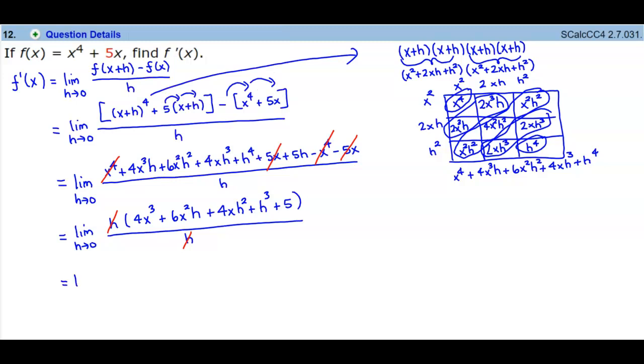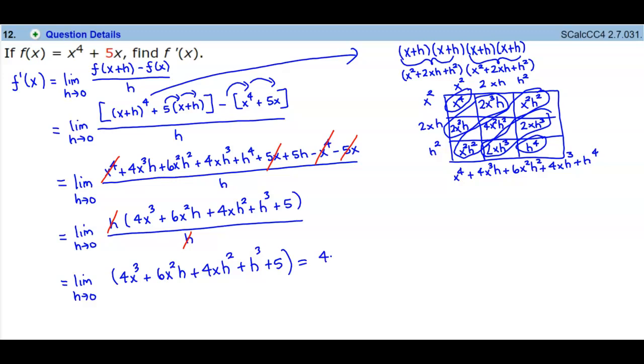So we have the limit as h approaches 0 of 4x cubed plus 6x squared h plus 4xh squared plus h cubed plus 5. Now we're going to evaluate the limit for when h is 0.